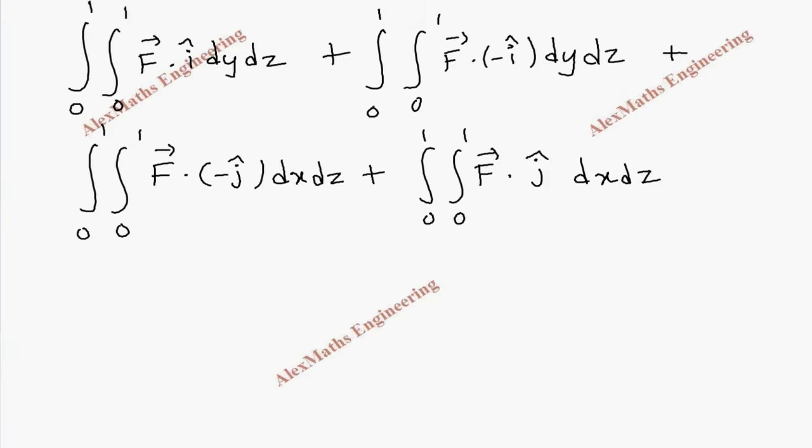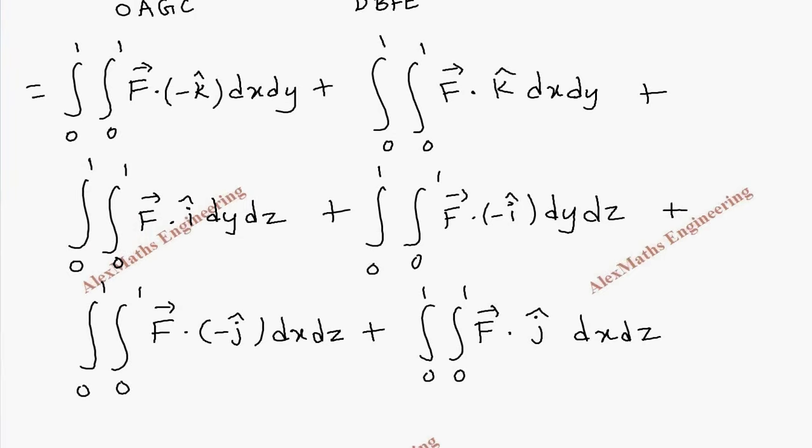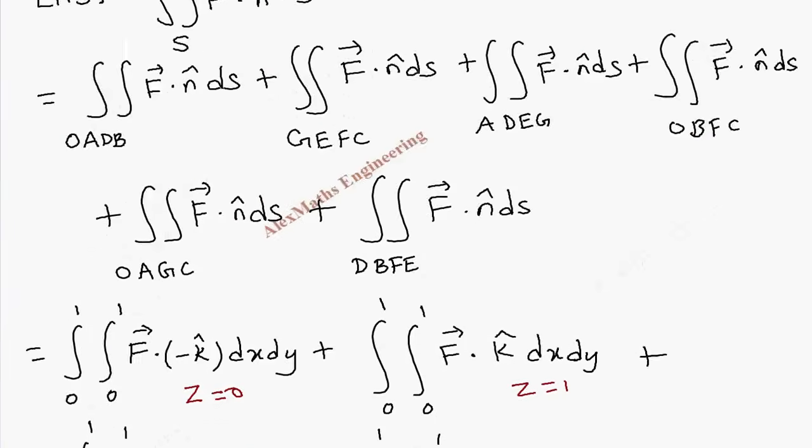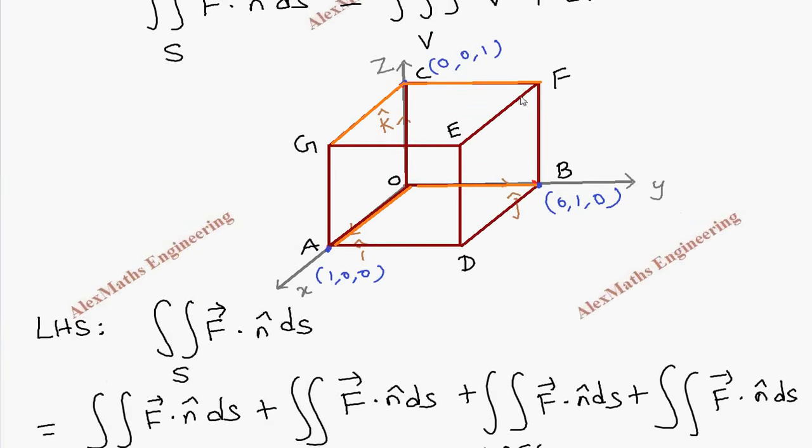And in every part we have to write the equation. That is, when it is a bottom surface, the surface is z equal to 0 and the top surface z value is 1. In the front surface the value of x is 1 and the back surface the value of x is 0, which we can see here. So this is the bottom surface and in this surface the z value is 0, and in the top surface the z value is 1.